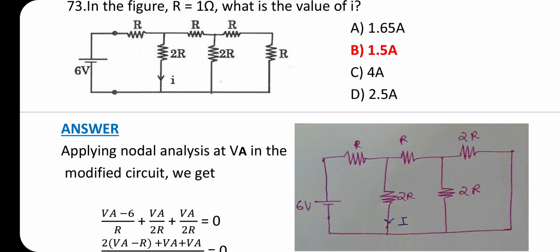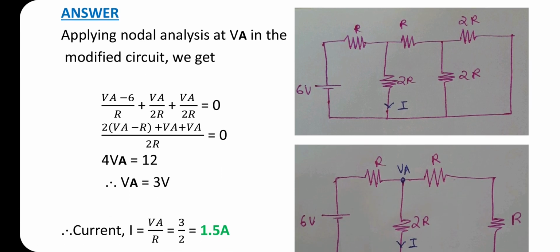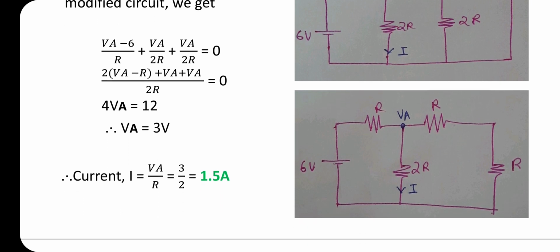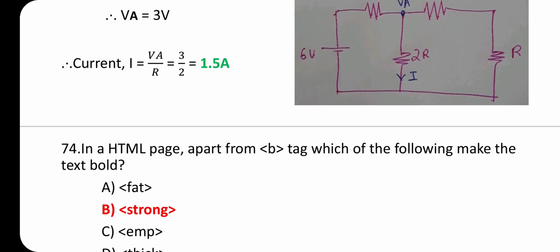Applying nodal analysis at VA in the modified circuit, we get (VA minus 6) divided by R plus VA by 2R plus VA by 2R equal to 0. After solving, we get VA equal to 3 volt. Therefore, current I equal to VA by R. We get 1.5 ampere.